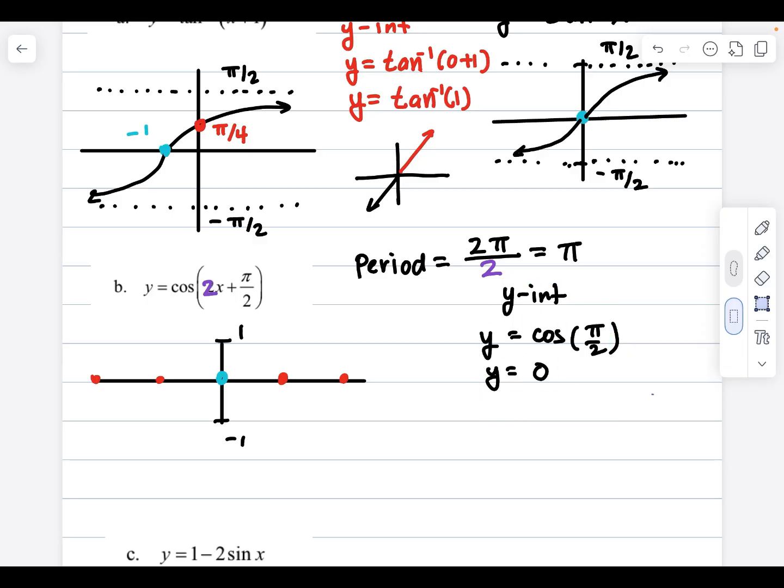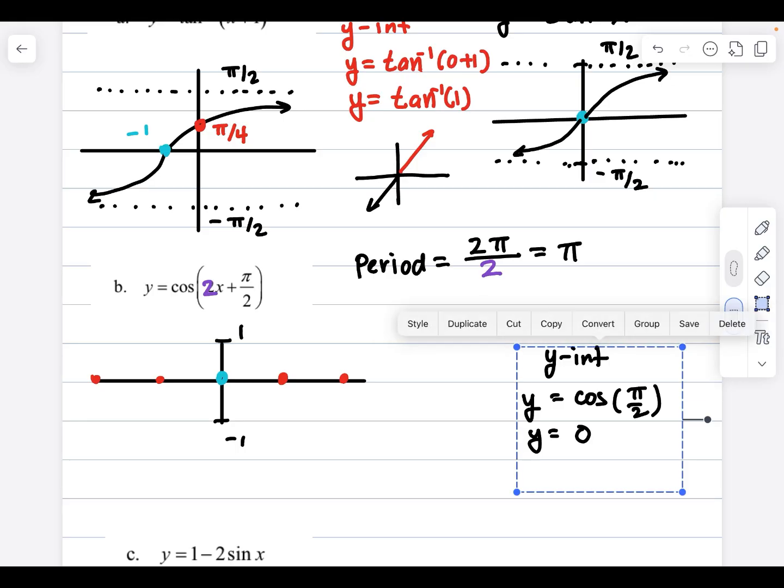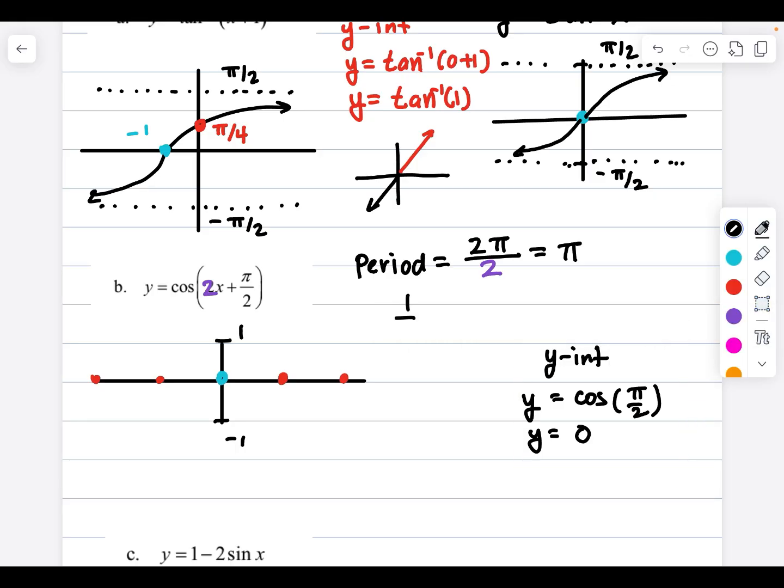So the x-intercepts are half a period apart. So half a period will be pi over 2. So this first x-intercept to the right of the one at the origin is pi over 2. If I add pi over 2 again, I get pi. And therefore we know these intercepts.